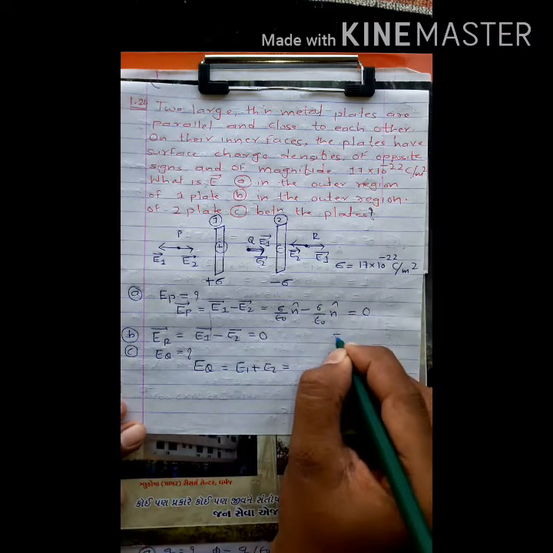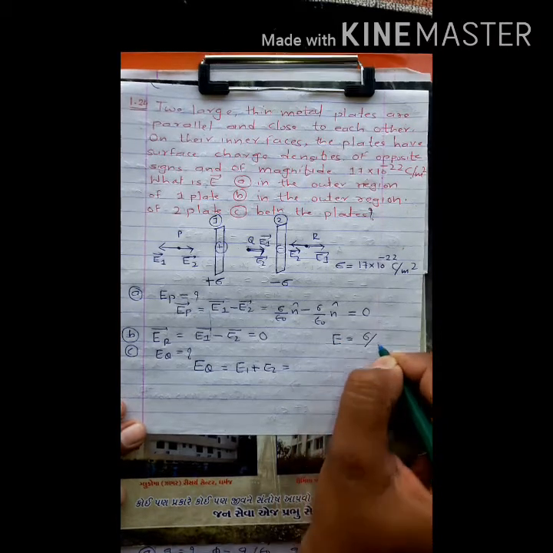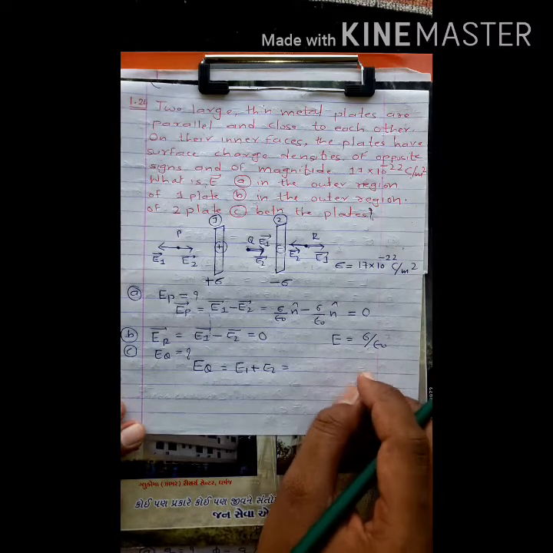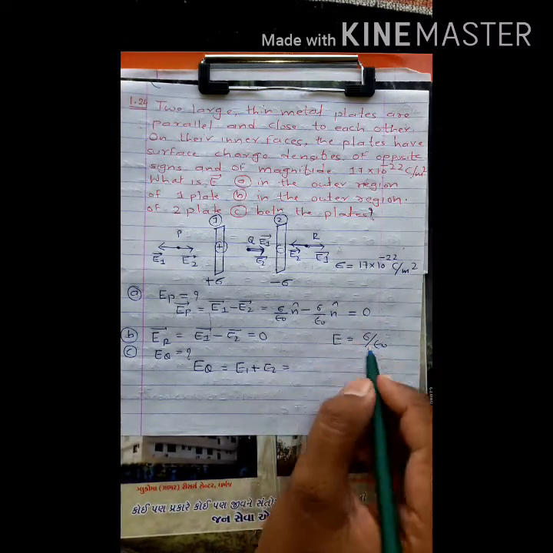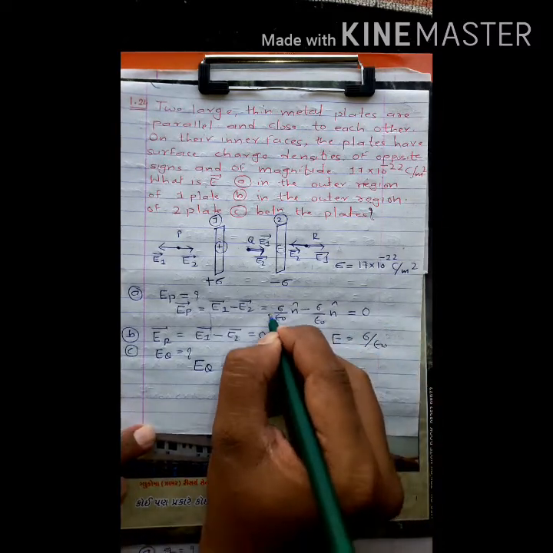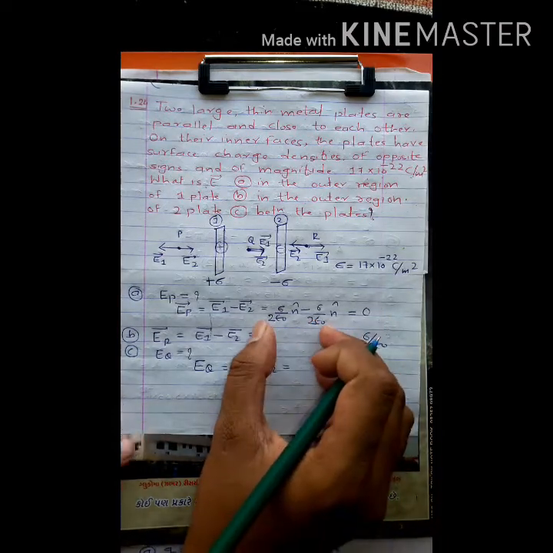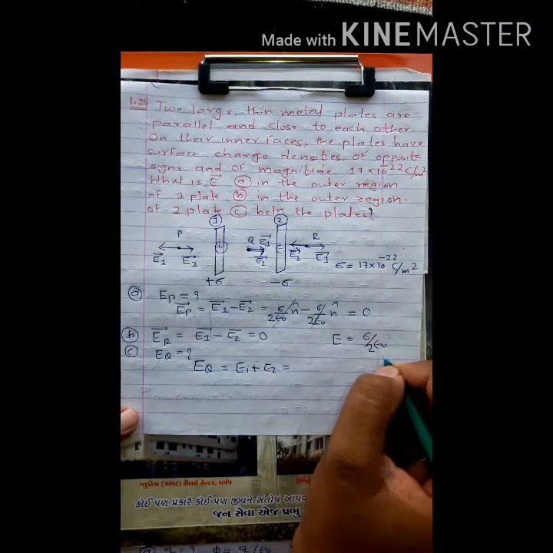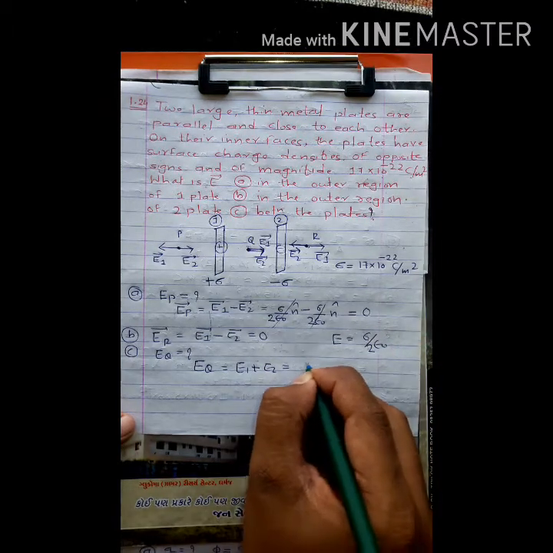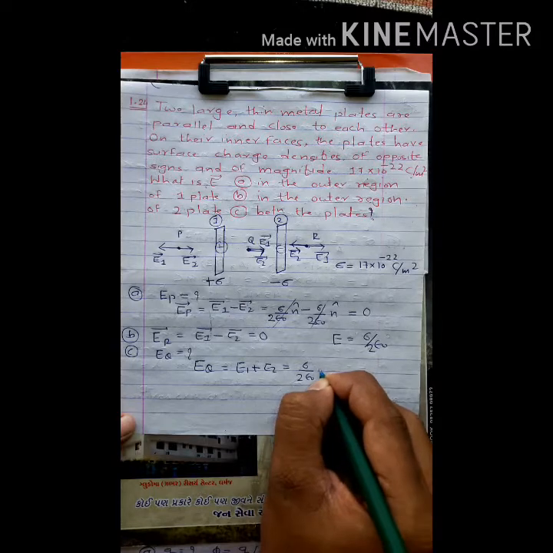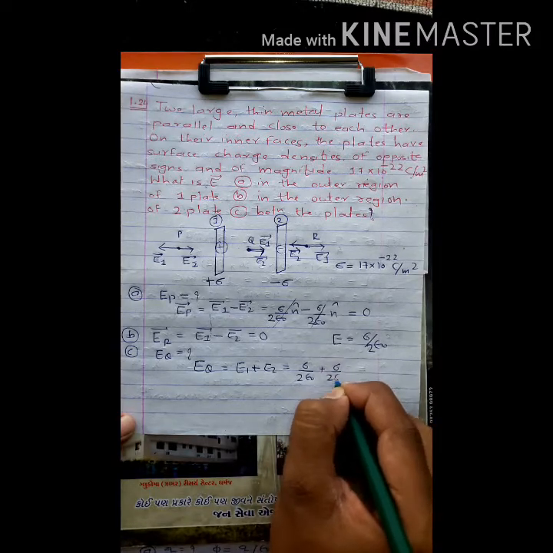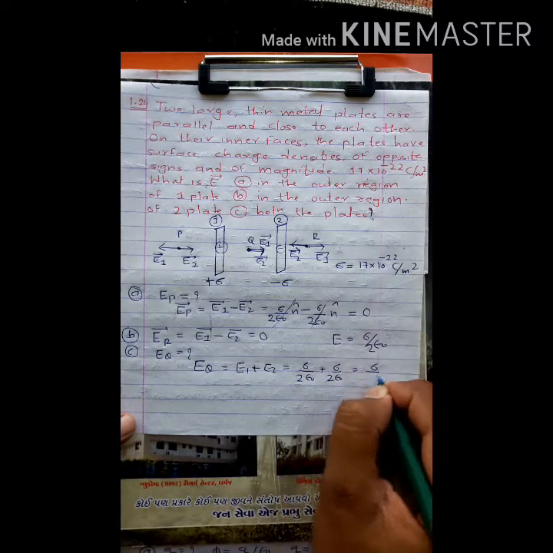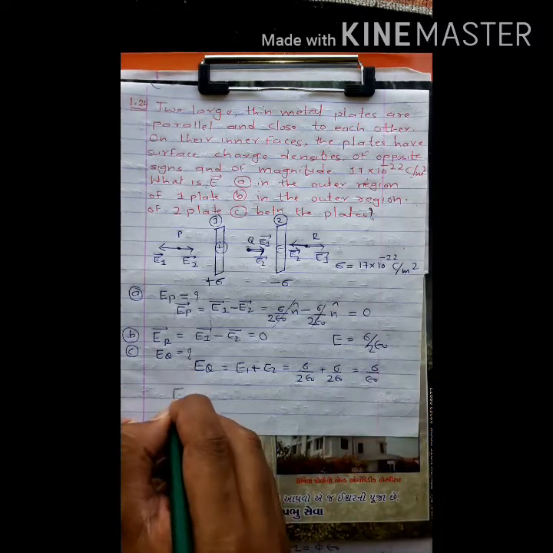Electric field produced by any plate is given by sigma upon 2 epsilon 0. So sigma upon 2 epsilon 0 plus sigma upon 2 epsilon 0. So it becomes 2 sigma upon 2 epsilon 0, means only sigma upon epsilon 0.